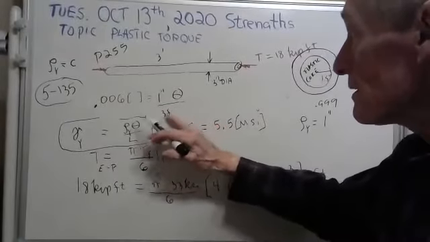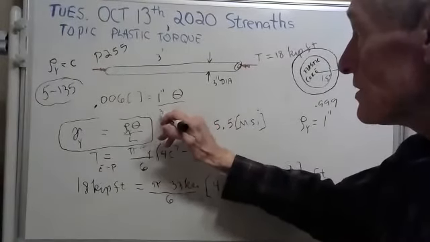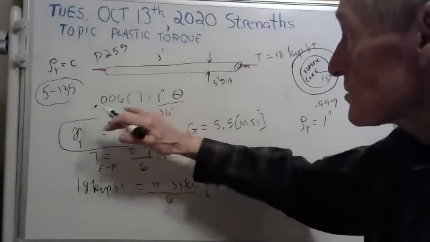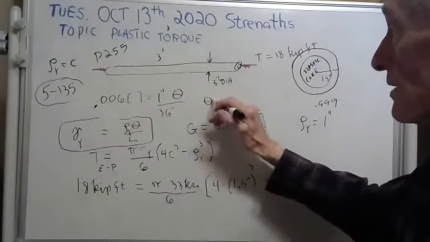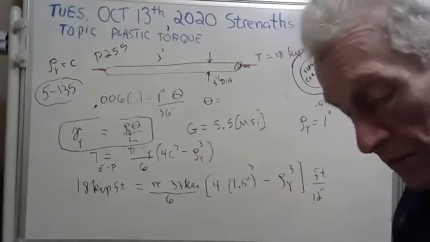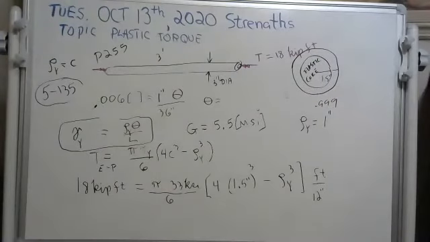So write that 3 feet down as 36 inches and solve this equation for theta and tell me what you get. That'll be the angle of twist. Go for it.